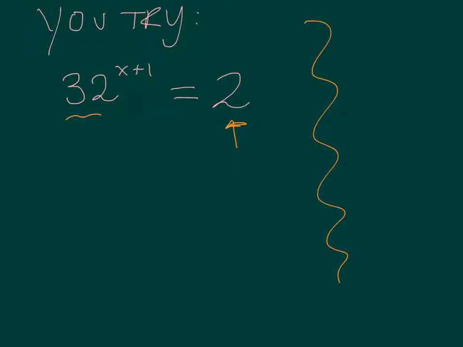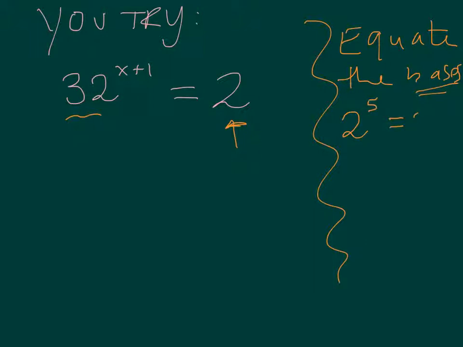So if I can write 32 with a base of 2, that's my goal. We want to equate the bases. How can I rewrite 32 with a base of 2? Well, I know that 2 to the 5th is equal to 32, so I'm going to rewrite 32 as 2 to the 5th.